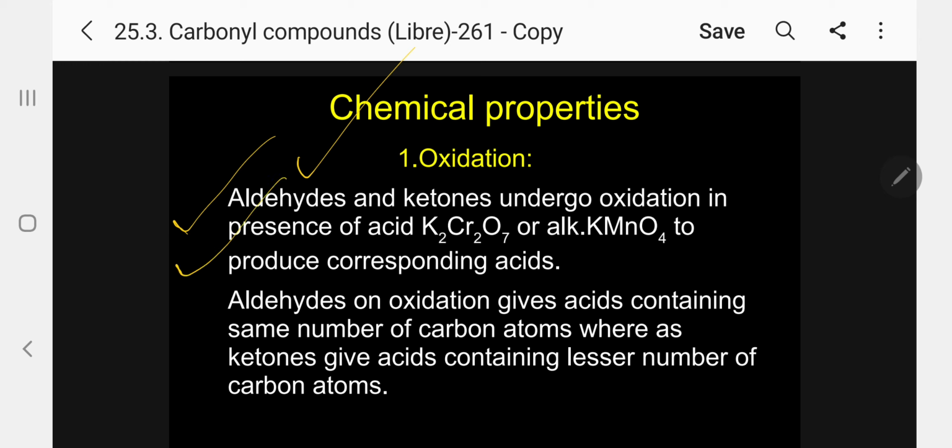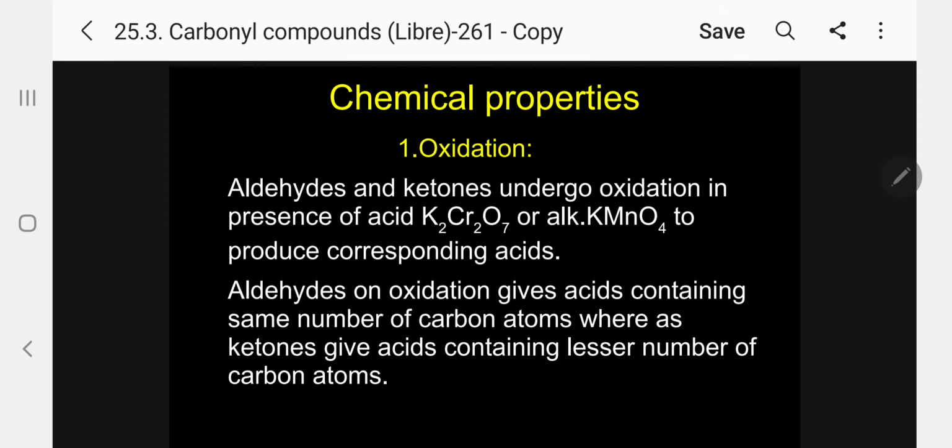Here you must know one important piece of information; this question can be asked. Aldehydes on oxidation generally give the corresponding acids containing the same number of carbon atoms, whereas ketones give acids containing a lesser number of carbon atoms. This is the most important difference. If it is an aldehyde, the same number; if it is a ketone, fewer.